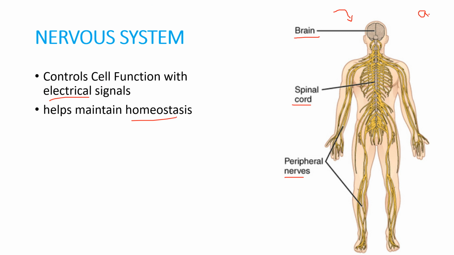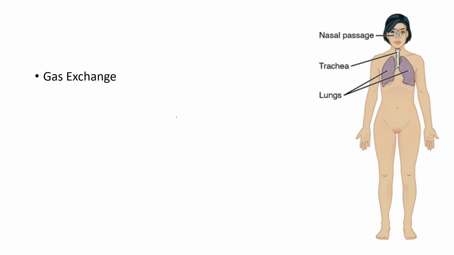I know you haven't maybe learned that word yet because that's in lecture, but bottom line is there are 2 organ systems in the body that are involved in maintaining homeostasis, controlling the rest of the body. One of them is the nervous system, and it does so through the use of electrical signals. The other one is also going to control the body to maintain homeostasis, but it's not going to use electrical signals to do it. It's going to use something else. We'll talk about that in a minute.